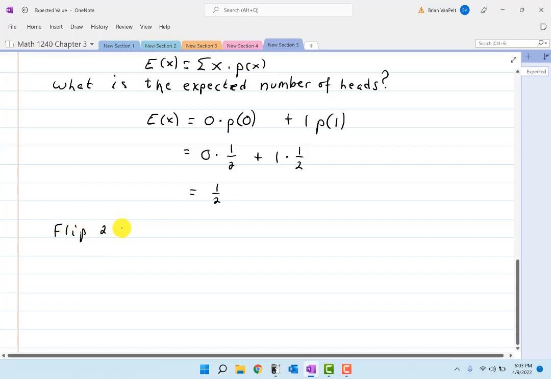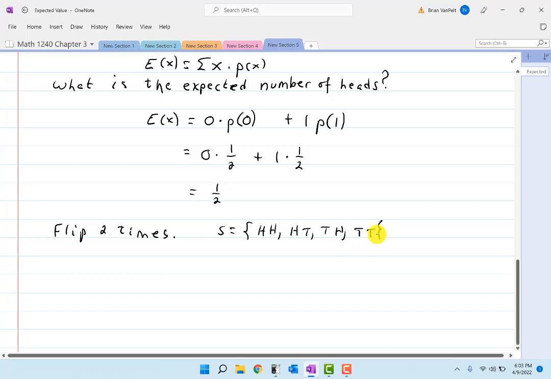Let me do another one. Let's flip 2 times. This time, it looks like this for our sample space. For 2 times, we could have 2 heads. We could have a head and a tail. We could have a tail head or tail tail.